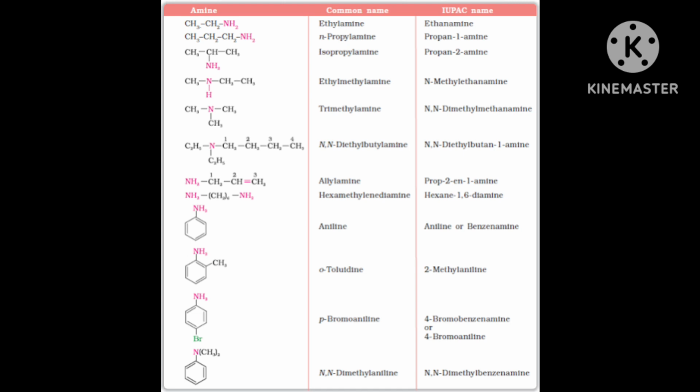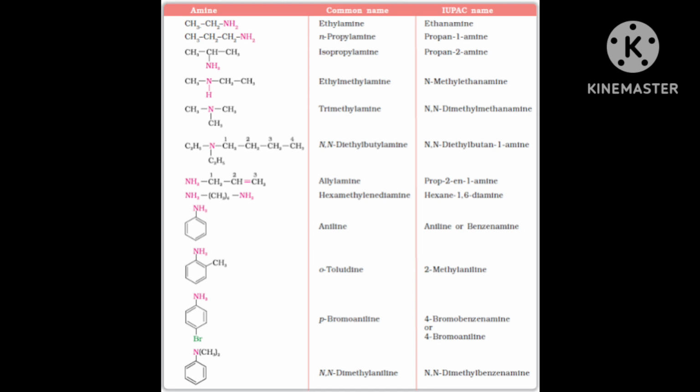Now the next example I am telling you is ethyl methyl amine, meaning NH3 had 3 hydrogens, 2 hydrogens were replaced, one with methyl and the other with ethyl. Then only 1 hydrogen is left on N. Its name will be, following alphabetical order, ethyl methyl amine. What is the IUPAC name?